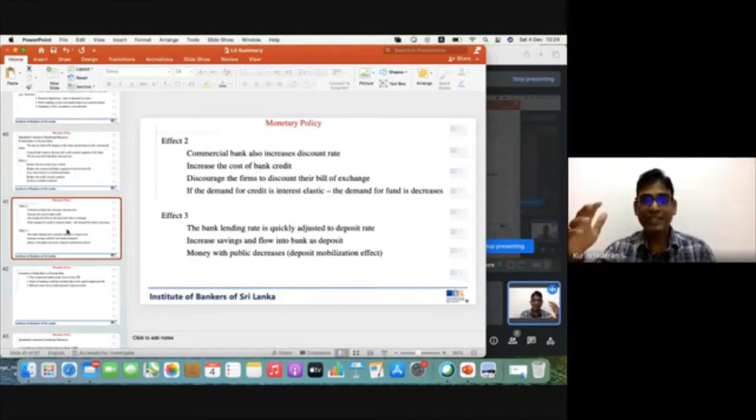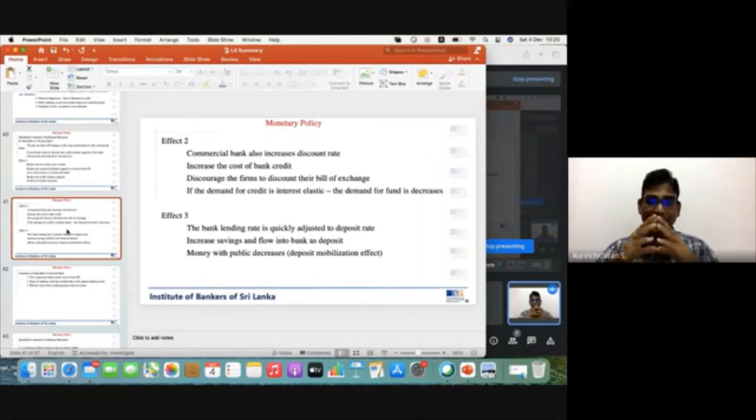That is the deposit mobilization effect. So these three ways the bank rate can work through, right? So the central bank can adjust the bank rate to achieve these three things.